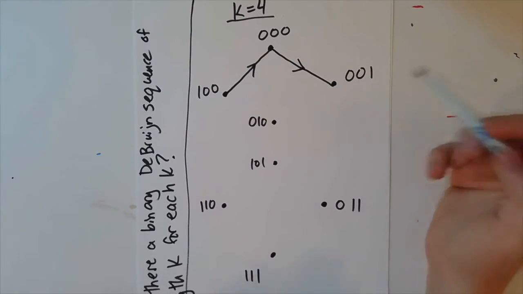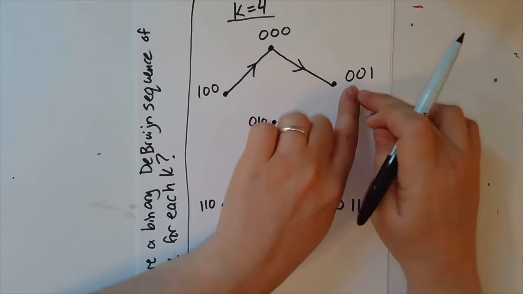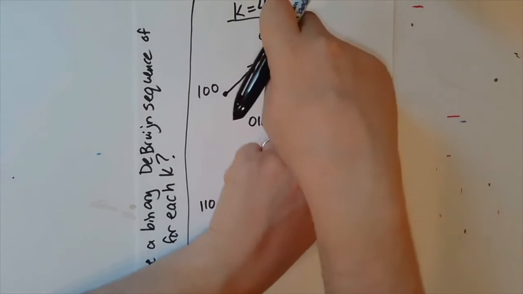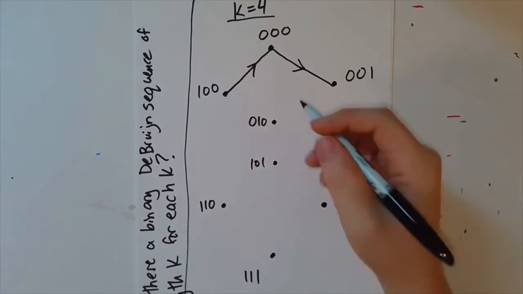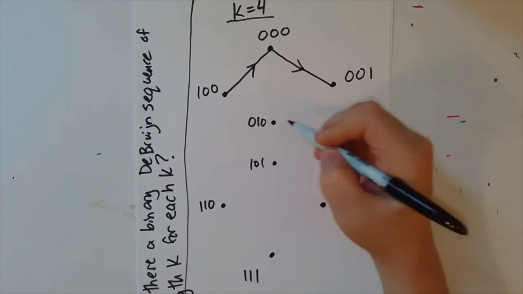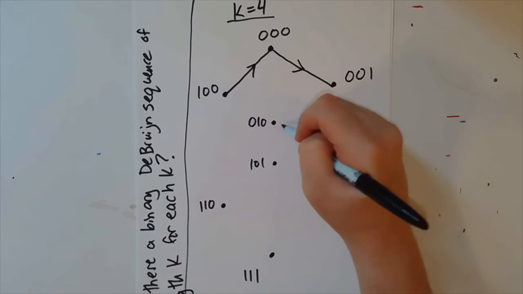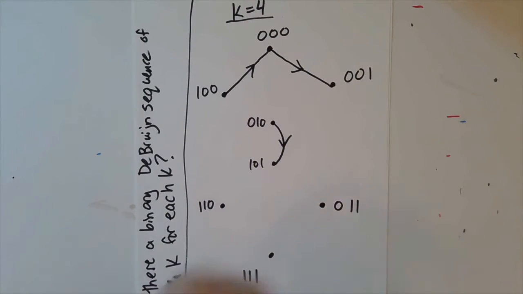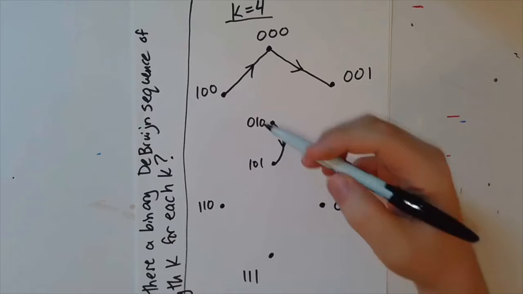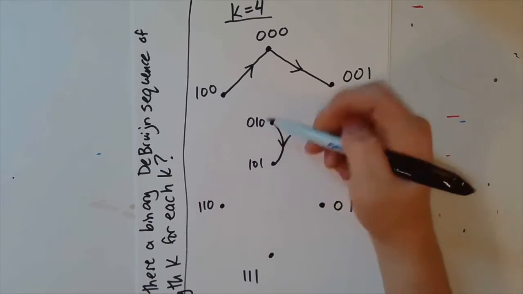In fact, it doesn't even make sense to go from this vertex back to this vertex. But I could go from 0, 1, 0 to 1, 0, 1. And actually, I could go from 1, 0, 1 to 0, 1, 0.